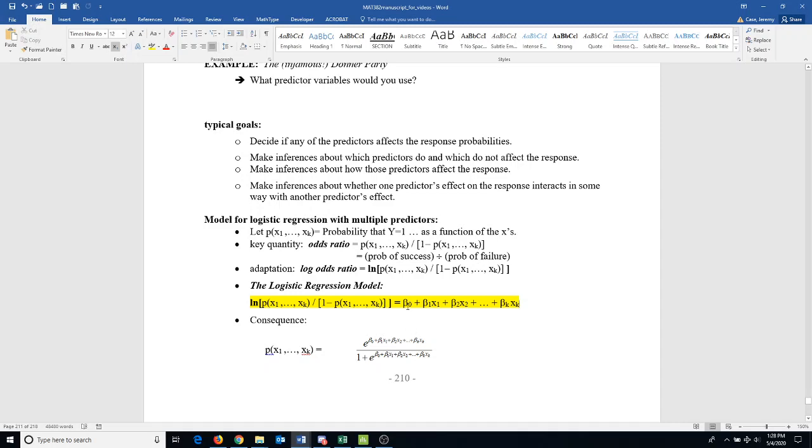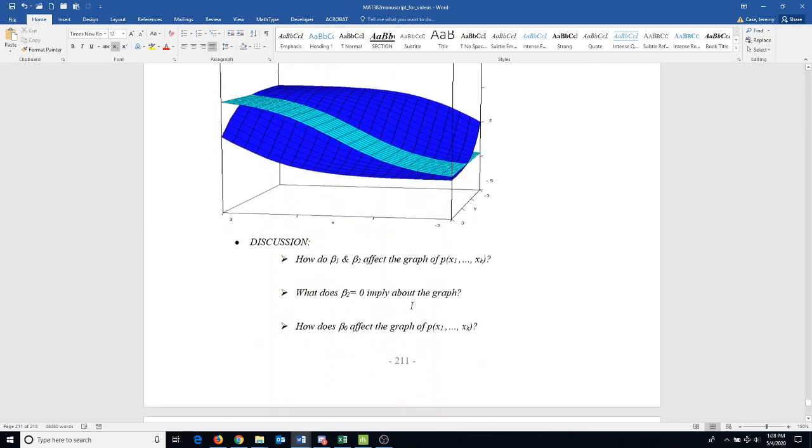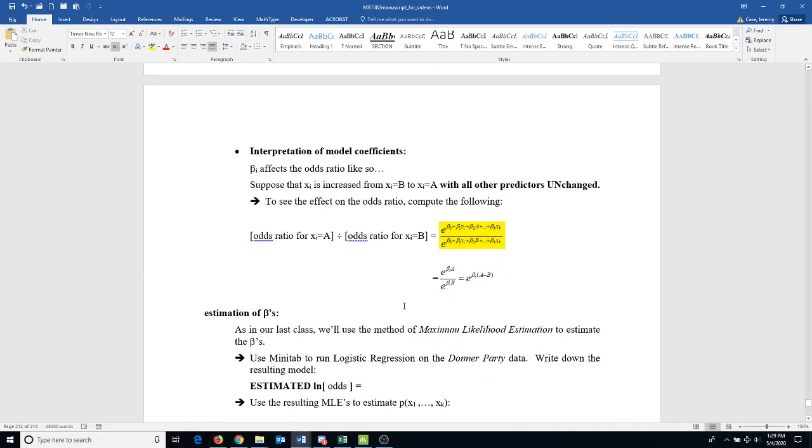So instead of just having one variable, we just have multiple variables. And so we could go ahead and take a look at some counts and kind of affect the graph. And we could actually take a look at the odds ratio. What's the change if we take one predictor variable and change it from B to A, leaving the others unchanged?